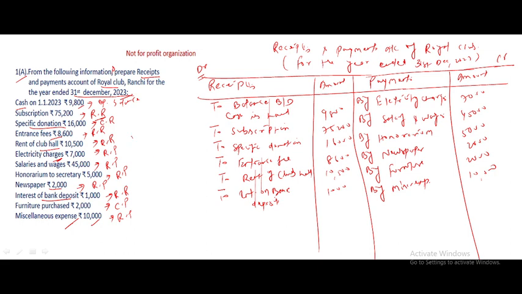Debit total is 1,21,100. This is the debit total. Now we add credit amounts: 7,000 plus 45,000 plus 5,000 plus 2,000 plus 2,000 plus 10,000. Miscellaneous expense is 10,000. Credit total is 71,000.